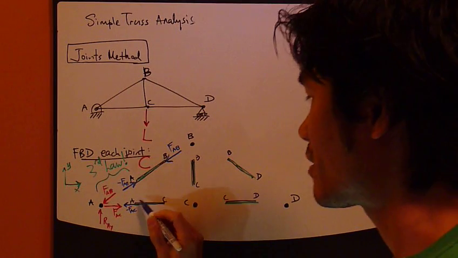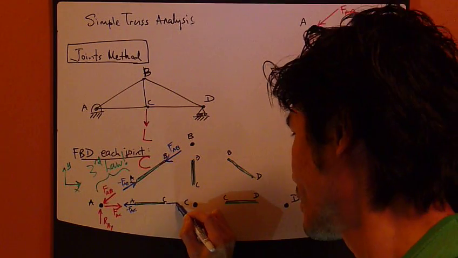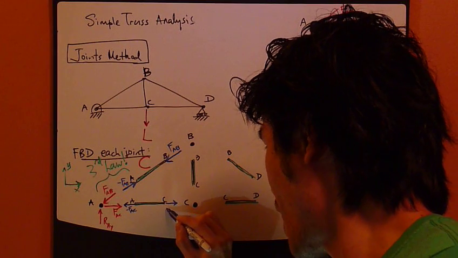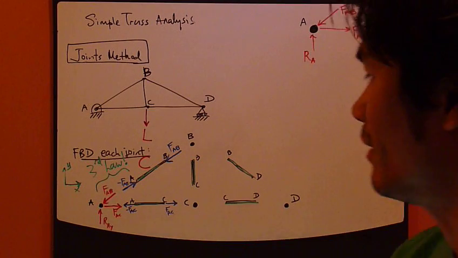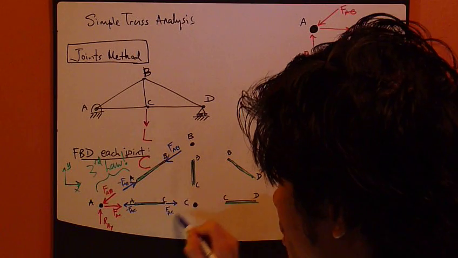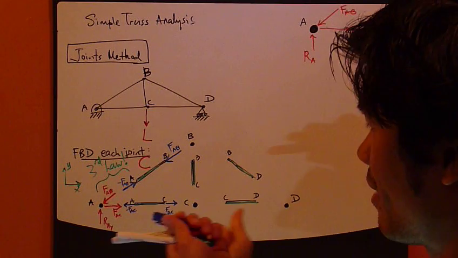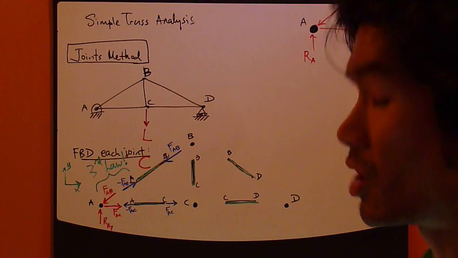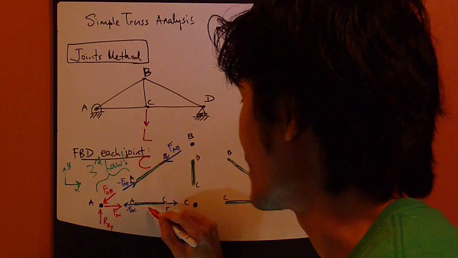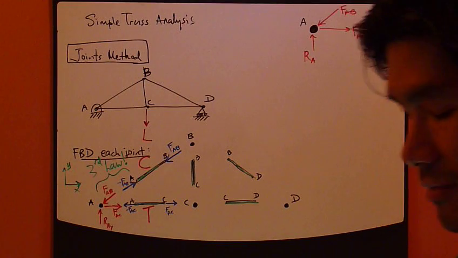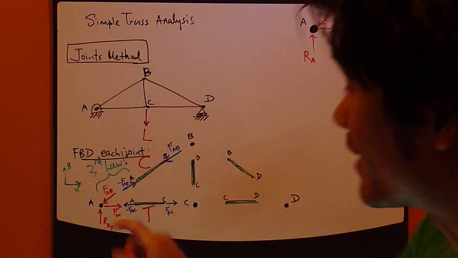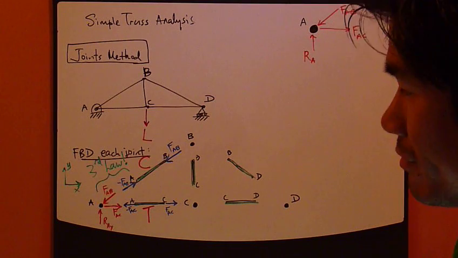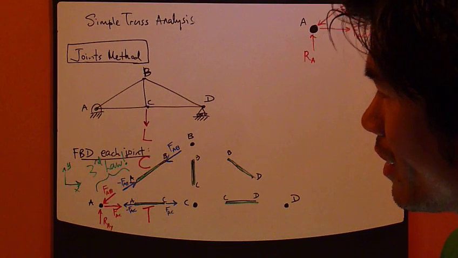Now, because this is a two-force member, this opposite force must exist at the other end. Now look at this picture right here, just the member. I have a tension force. So FAC is a tension force. That's all.